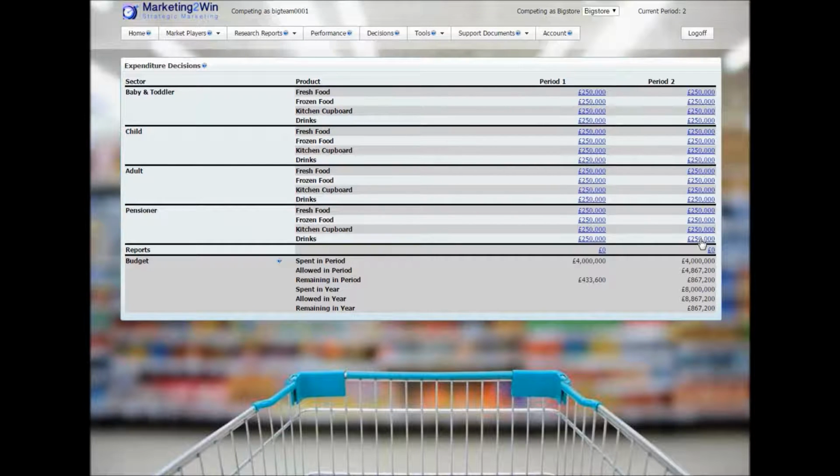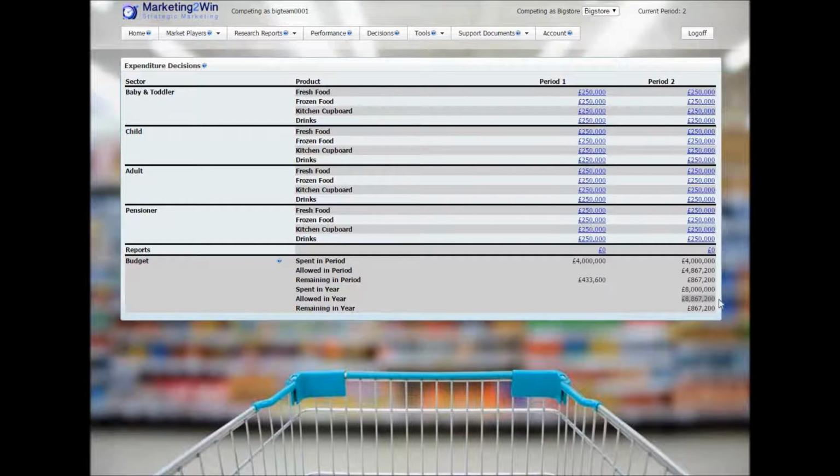Now before we get into the individual spend items, just have a look down this bottom area here. You can see that there's a lot of spent in period, allowed in period, and so on. This is down to your budgets. Like any business department, you have a budget. Your budget for the whole year is this figure here. That's for period 1 and period 2.